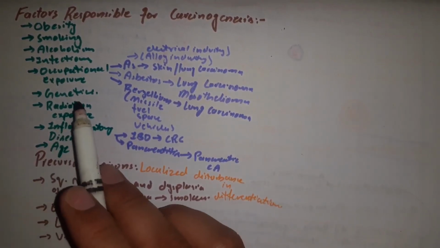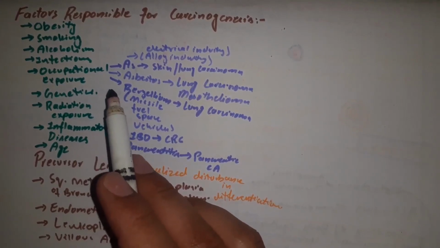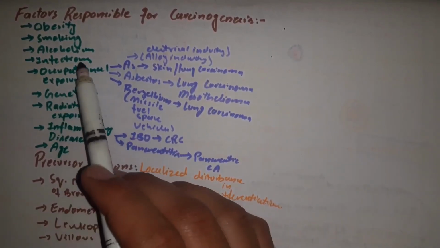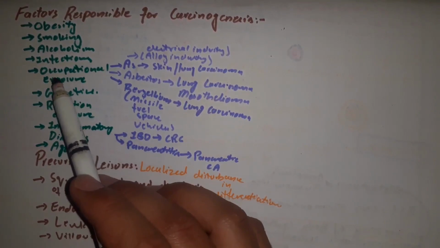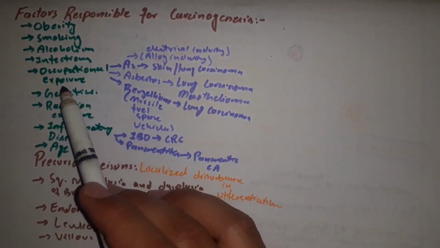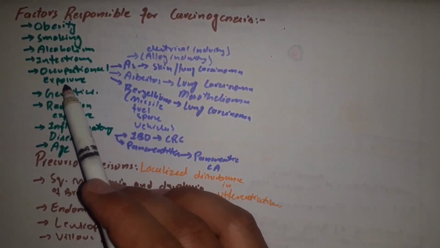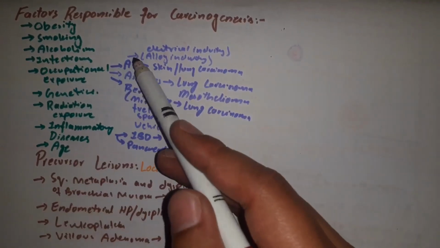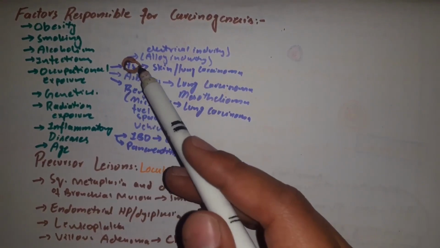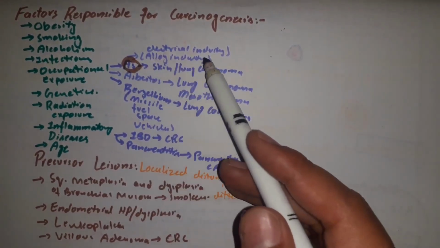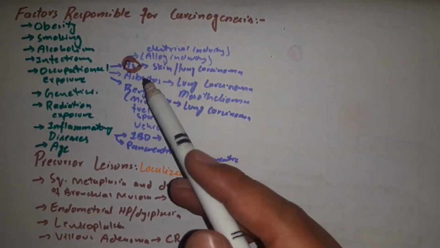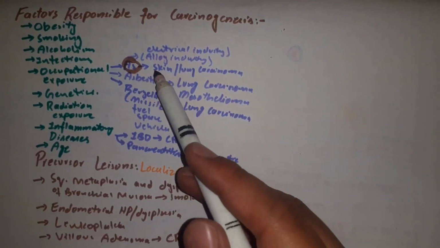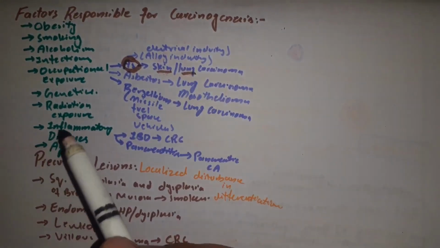Infection with different carcinogenic viruses as well as HIV is also associated with the development of cancer. Occupational exposure to different metals and agents can also cause cancer. For example, arsenic, the principal metal to which workers of the electrical and alloy industries are exposed, can lead to skin malignancy as well as lung malignancy.